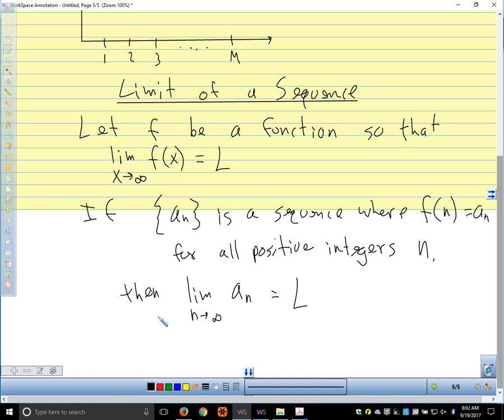All the things we know about limits of functions we're going to apply to sequences. All right, we good there?